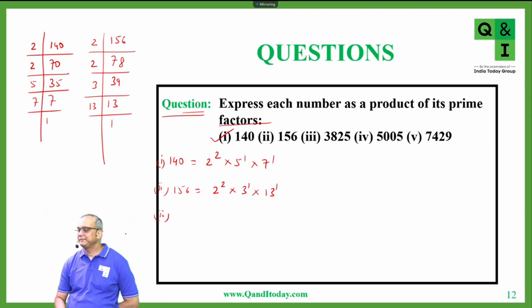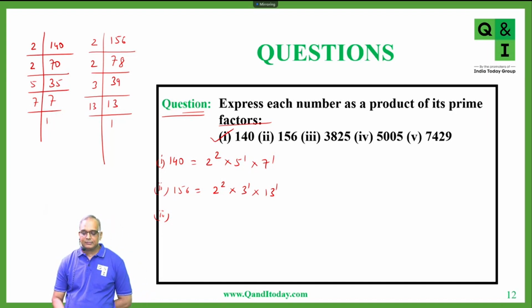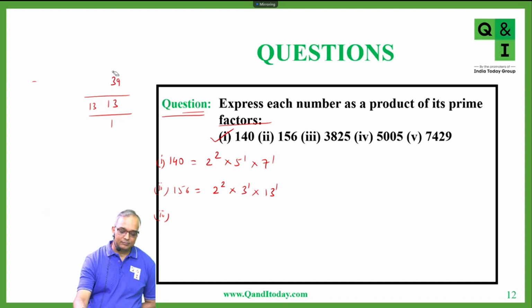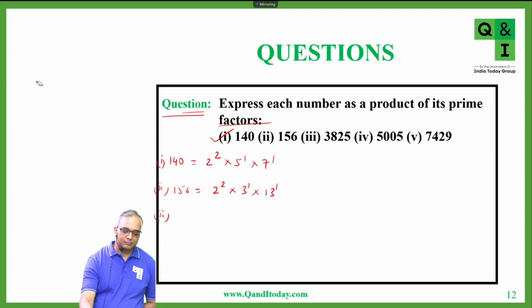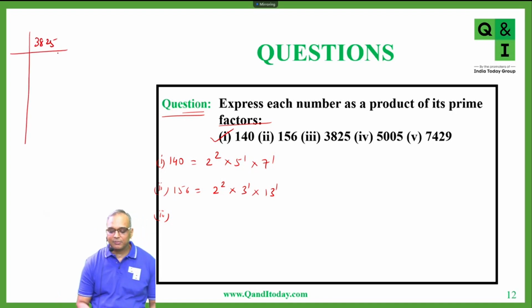Third part, 3825. If you see this third one, 3825, we know that it's not divisible by 2.